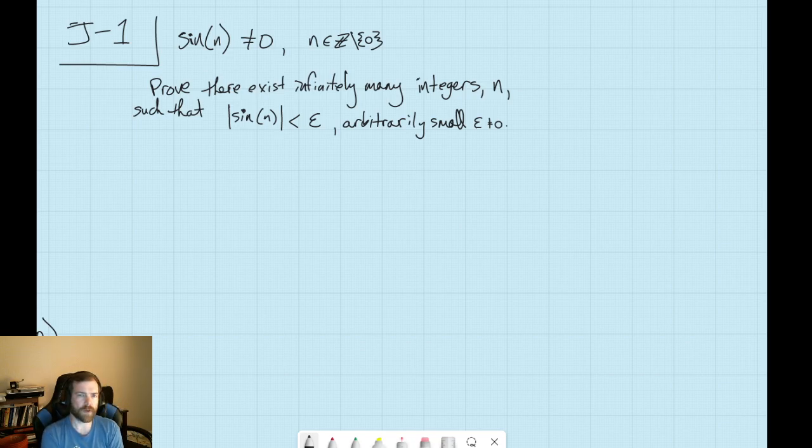So out there we can find an infinitely large set of integers n, such that when we take the sine, it is within whatever distance we want to call epsilon.